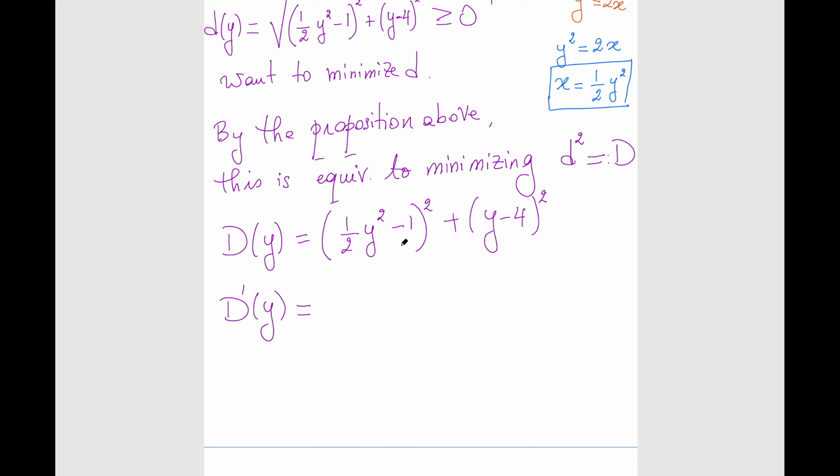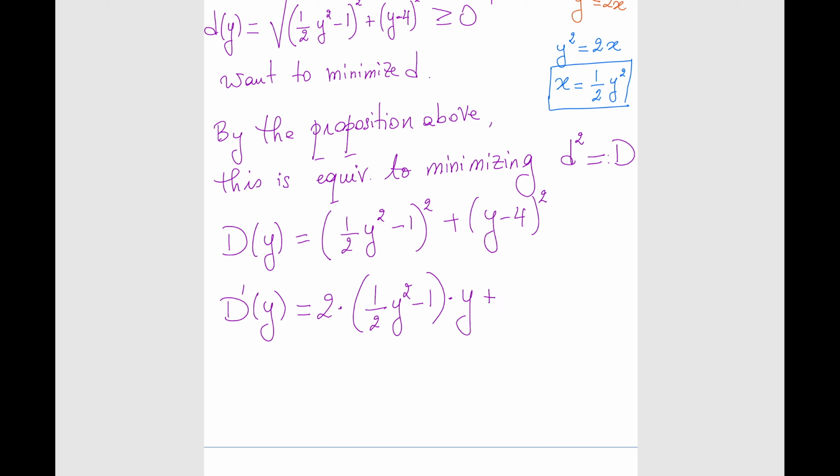So what do we get? We get 2 times (half y squared minus 1) times the derivative of this function by the chain rule. What's the derivative of this function? It's 2 times half times y, and what's 2 times half times y? It's simply y.